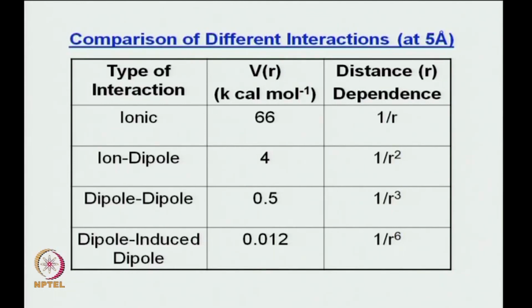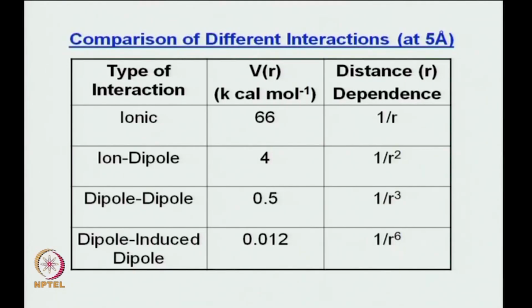As we go down, not only is the interaction decreasing, but you see the distance dependence. The 1 by r dependence was literally long range. Remember, we had two terms, long range and short range. 1 by r is long range, and then you come to 1 by r squared, then 1 by r cubed. Beyond 1 by r cubed, it essentially becomes short range. This is how you distinguish between long range and short range interactions, and that is how the energies also fall in place.